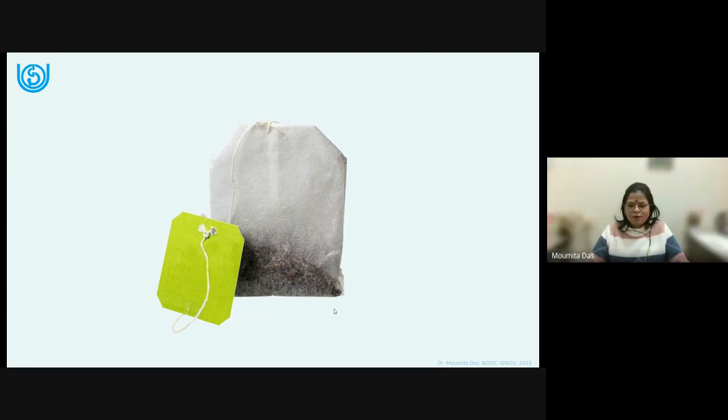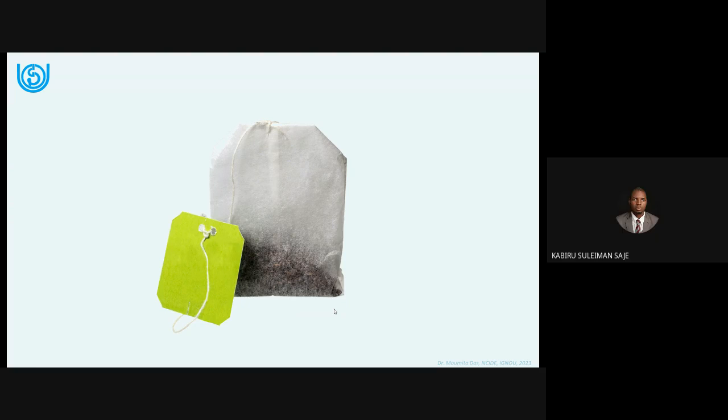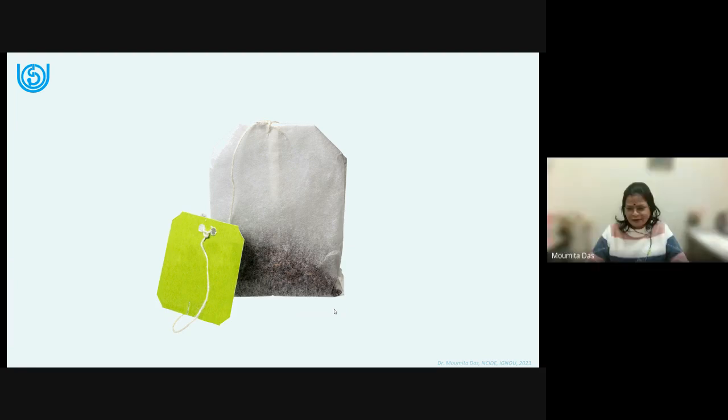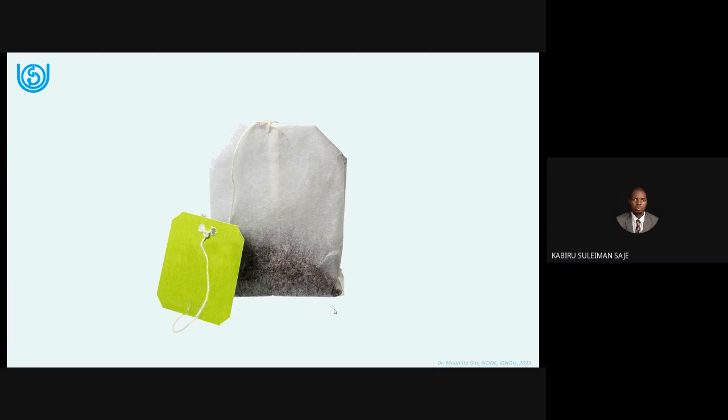So I'm asking, what are you seeing in this picture? What are the different parts of this tea bag? Here I'm seeing the small tea bag label and the tea container. What is the container made of? It's made of a small, can I call it, not leather, but I actually cannot remember the name.